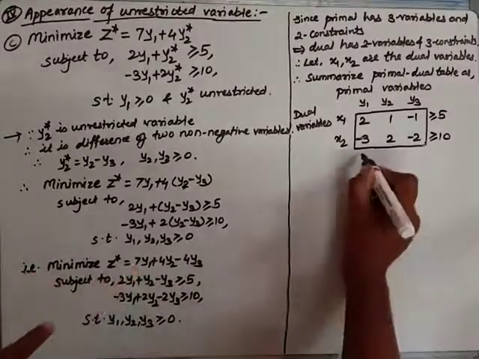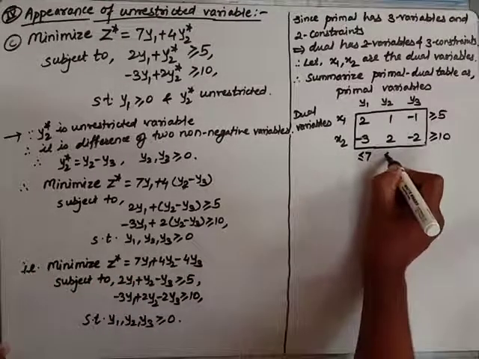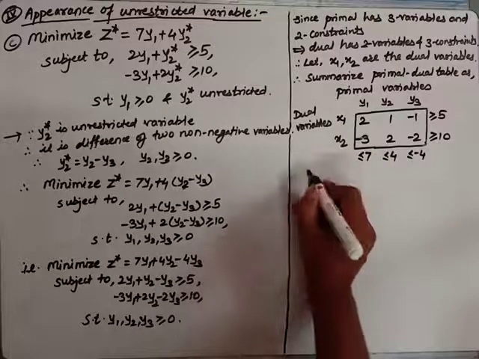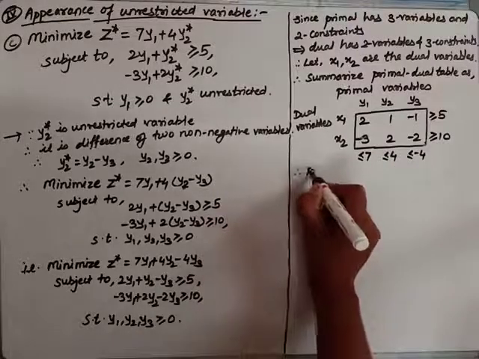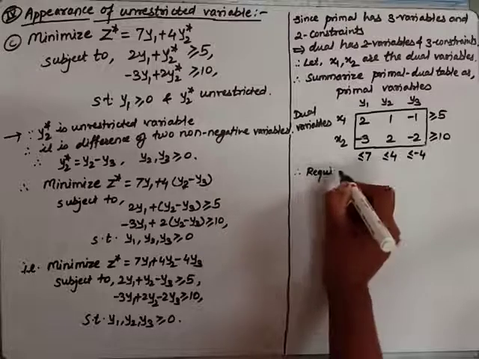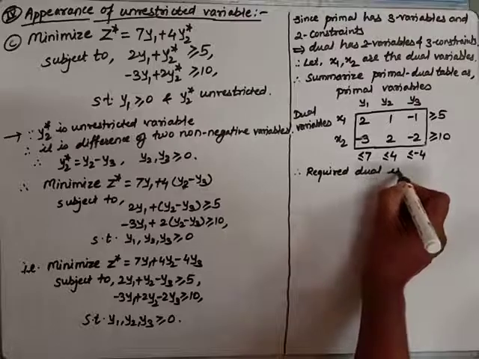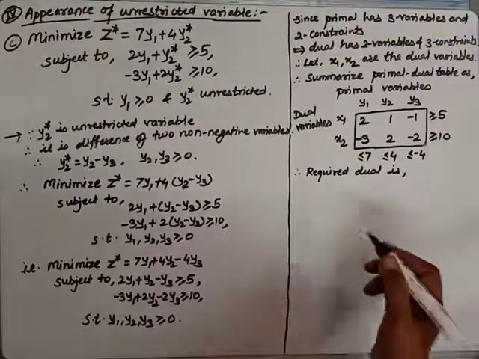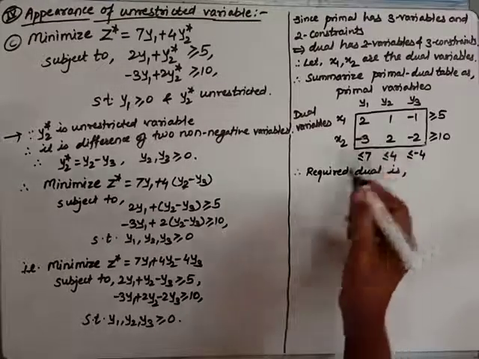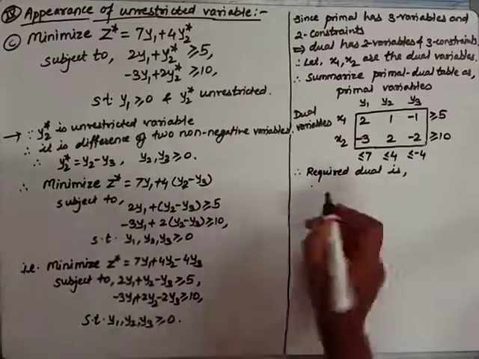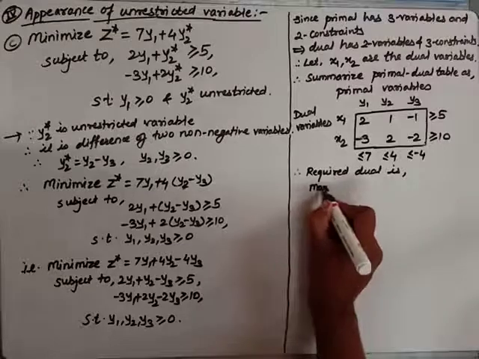So less equal 7, less equal 4 and less equal minus 4. Therefore the required dual is, look at it, it is minimized, so maximize.